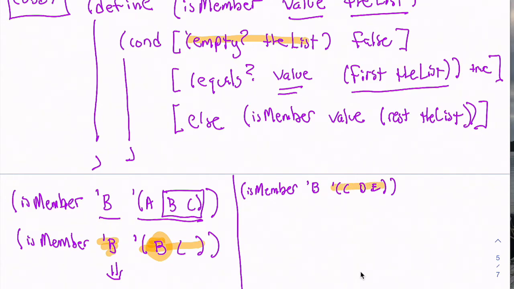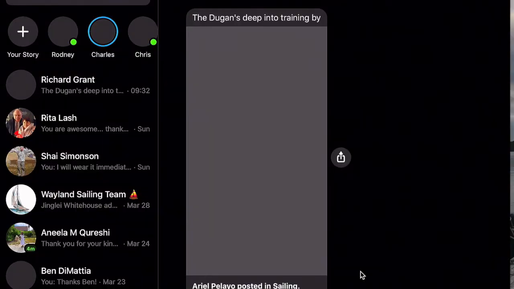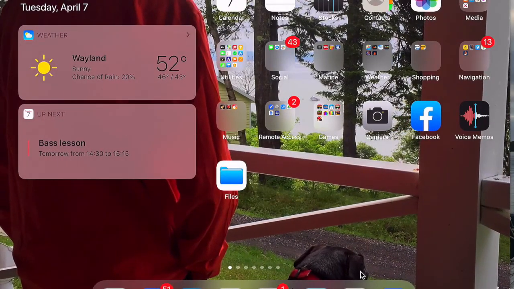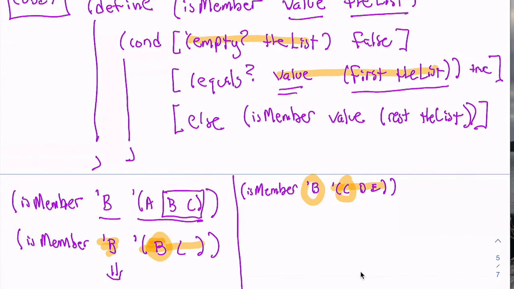No, the list is CDE. Is value equal to the first thing in the list? Value is B, the first thing in the list is C, so the answer is no. So we're going to end up calling isMember value rest list.